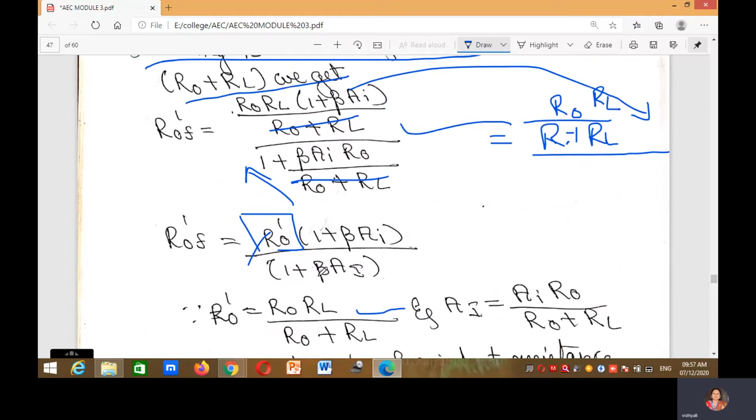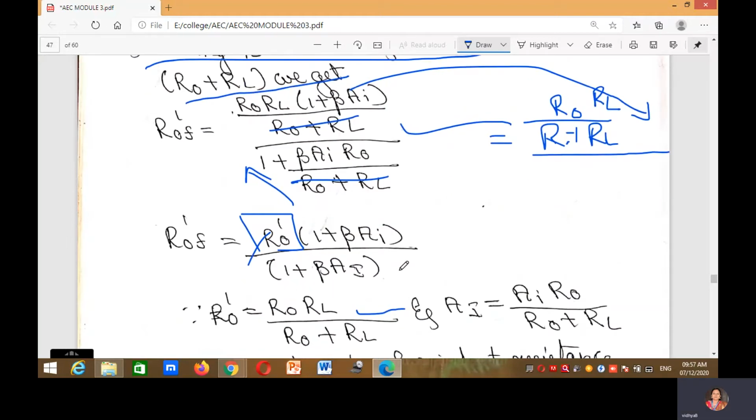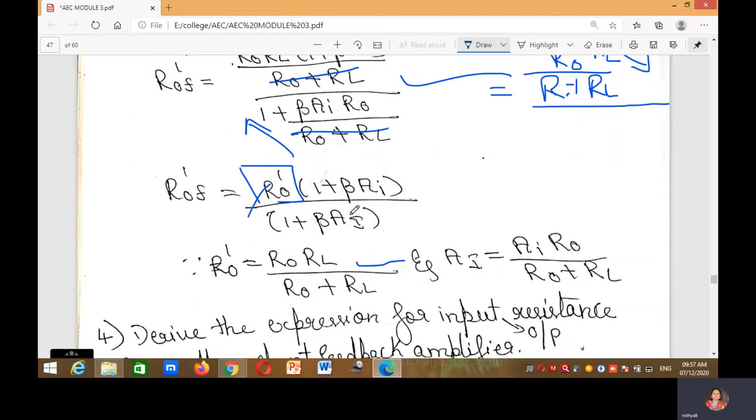Here also it will become 1 plus beta AI, where AI is equal to AI into R naught divided by R naught plus RL.